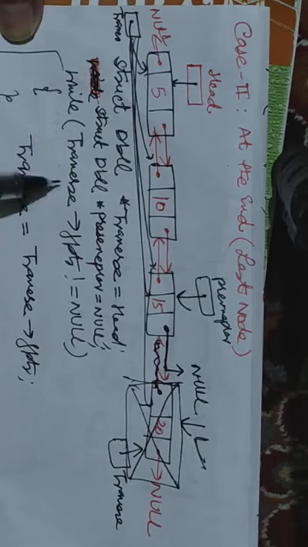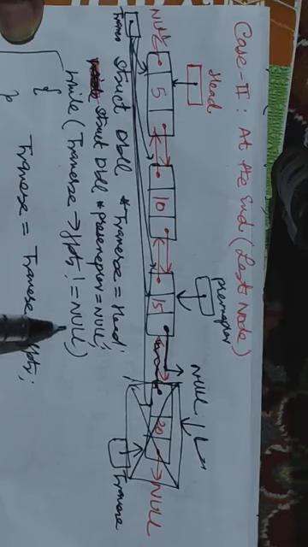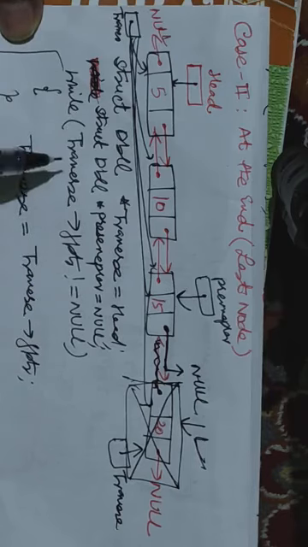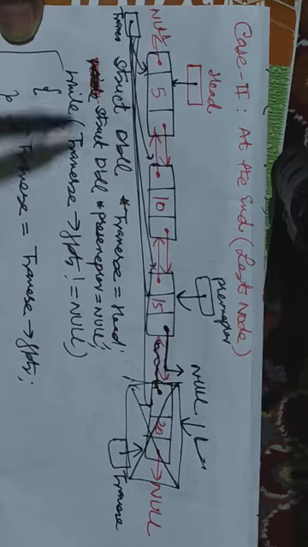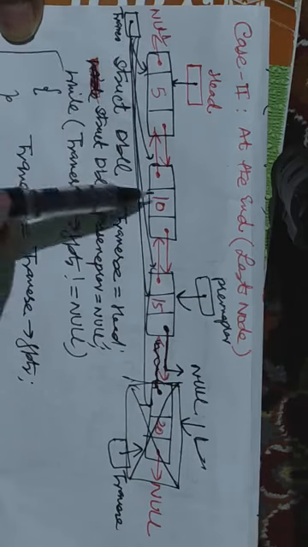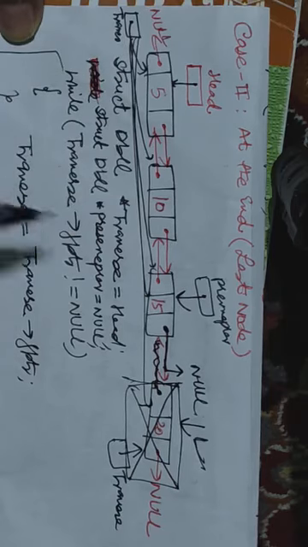We'll say while traverse fptr not equal to null. That means until this condition is true, we will keep advancing this traverse pointer to point to the next node available in the list till the forward pointer of the node pointed to by traverse contains null.